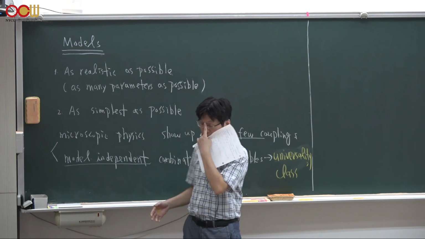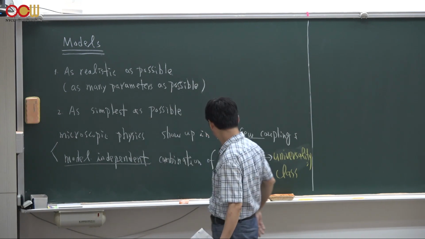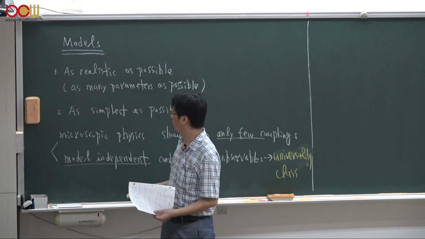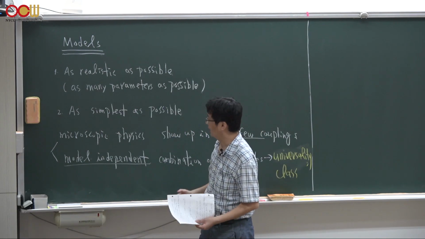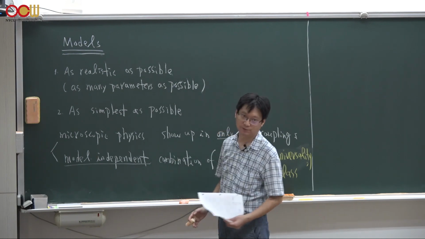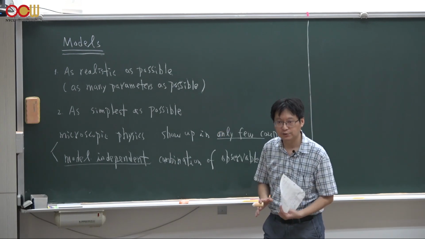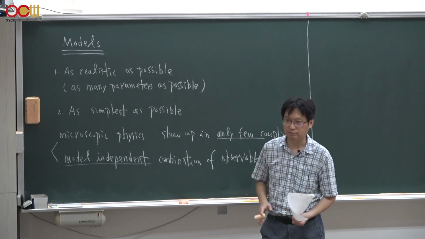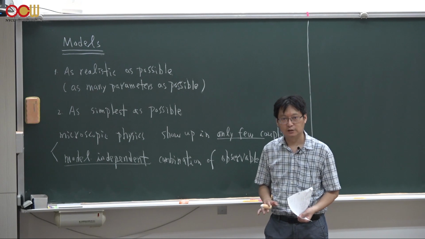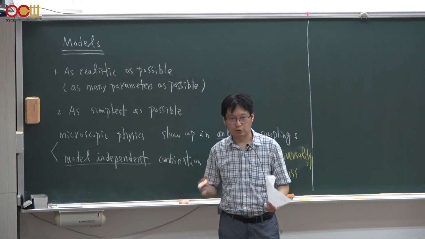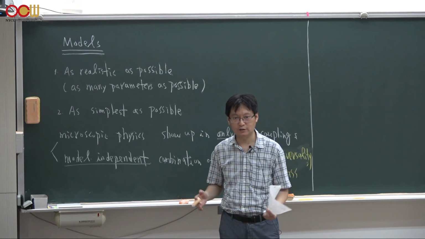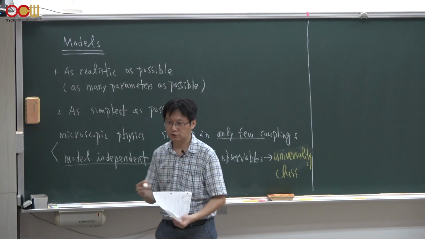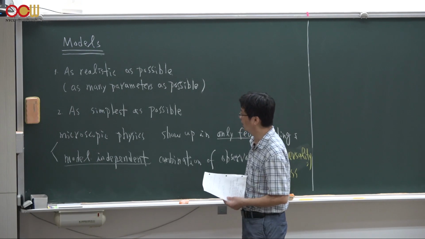The first approach is what we call realistic models, where we try to come up with a model that is as realistic as possible. We know that real materials are very complicated, with many atoms and hundreds or millions of couplings, and therefore to accurately describe such materials we need many parameters in the theoretical model, in order to fit all these coupling constants and so on.